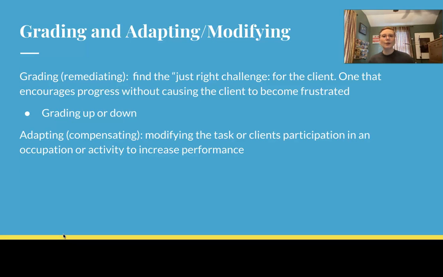And always consider grading and adapting. This starts with your evaluation. So for example, transitioning from supine to sit. I'm going to lay the bed flat first to see if the client is able to transition supine to sit.